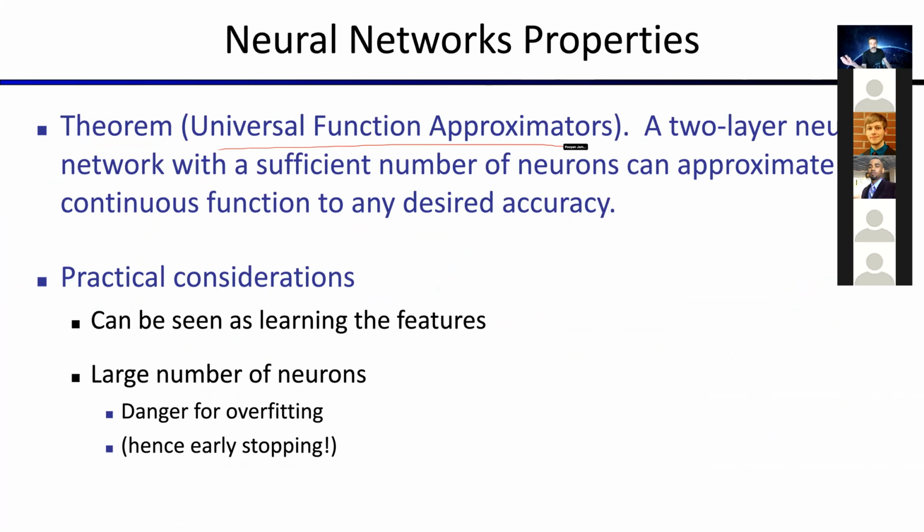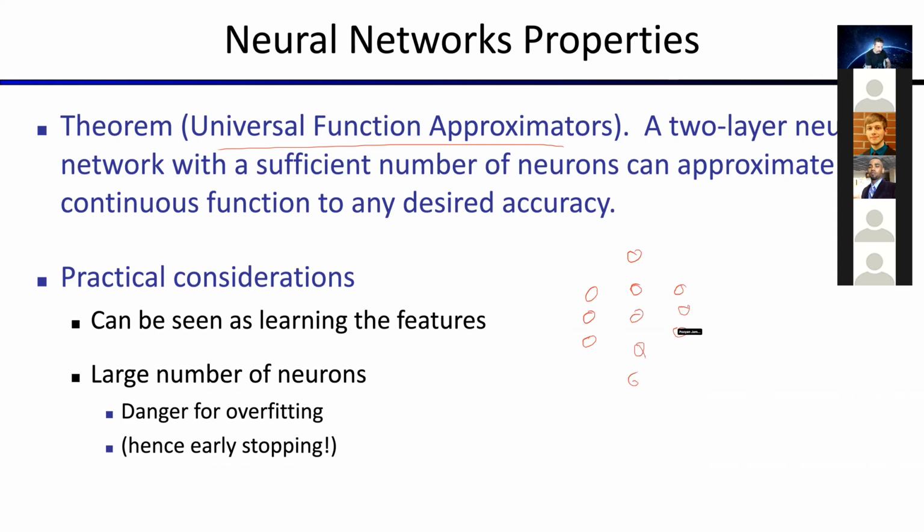This is a well-known theorem, with a proof, that applies to any neural network, even a two-layer neural network. Two-layer means that you have some input, you have one hidden layer, and you have output.